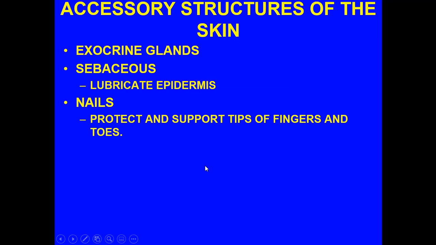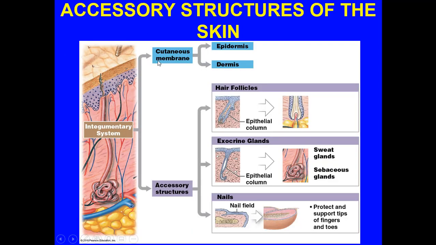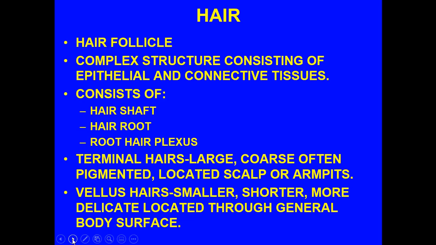And then we also have to deal with the other exocrine glands, which are the sebaceous glands. They help lubricate the epidermis, so they're going to produce the oil part. Nails protect and support the tips of the fingers and the toes. As you see here with the integumentary system, the accessory structures include hair follicles, exocrine glands, and nails. Okay, so let's go through them.